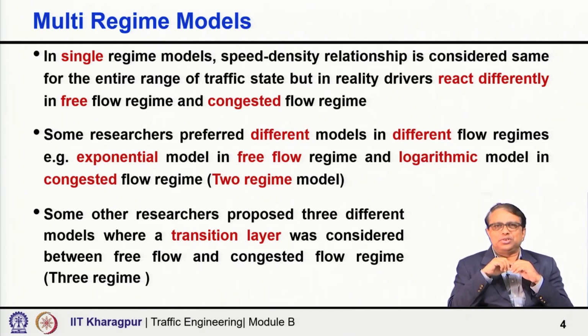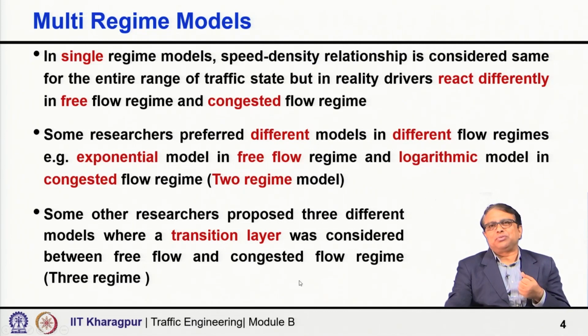Obviously, if we are using only two relationships to describe the entire range, then we can call such models two regime models. Similarly, some other researchers proposed three different models, where in between a transition layer was considered, that is another state between the free flow or stable and congested flow regimes.